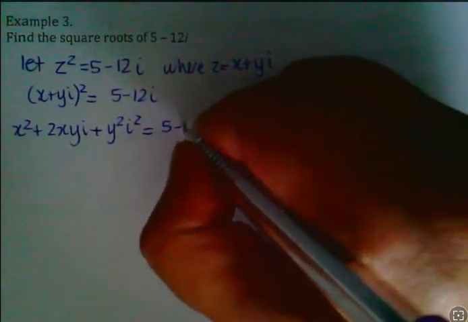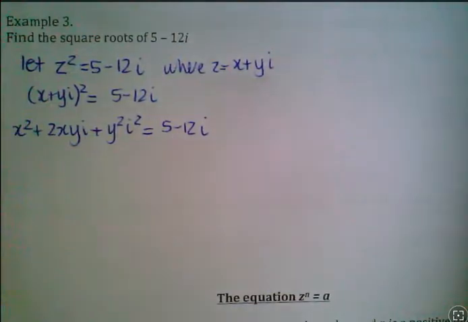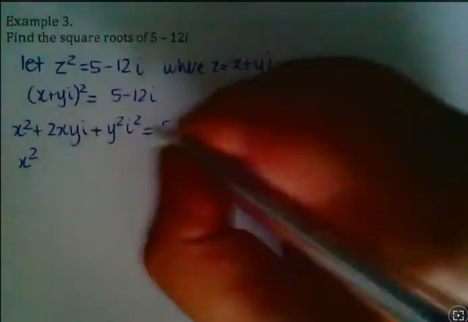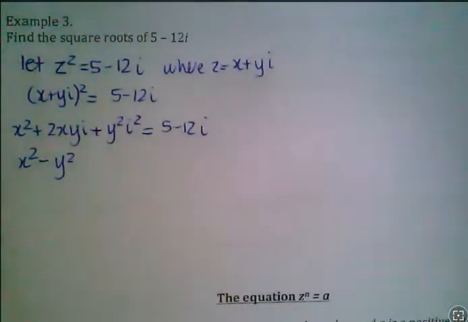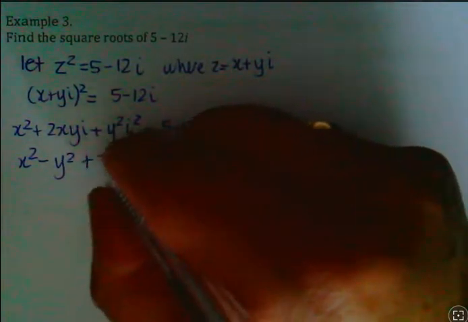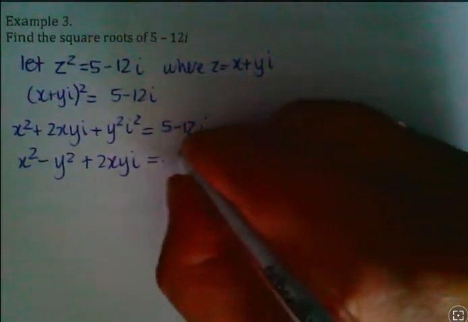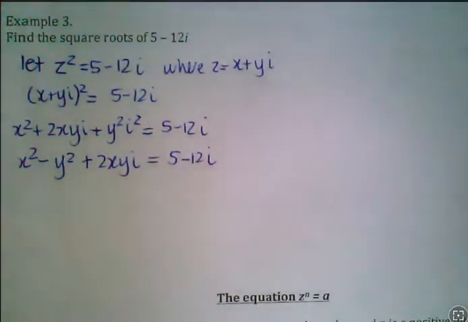Expanding the left-hand side, we've got x squared plus 2xyi plus y squared i squared equals 5 minus 12i. Now, i squared is negative 1, so we've got x squared minus y squared plus 2xyi is equal to 5 minus 12i.